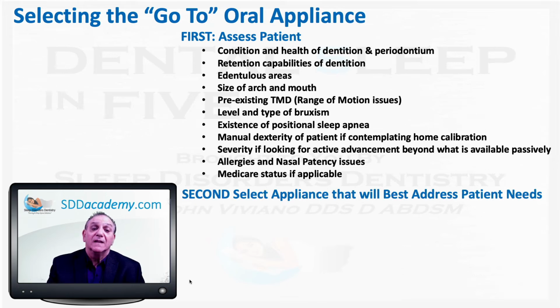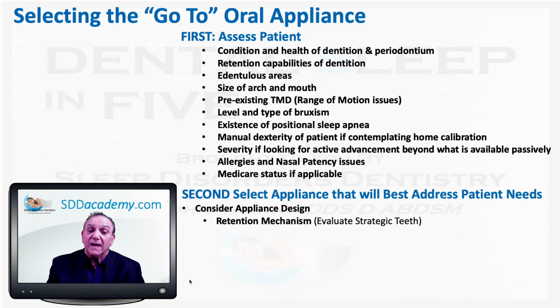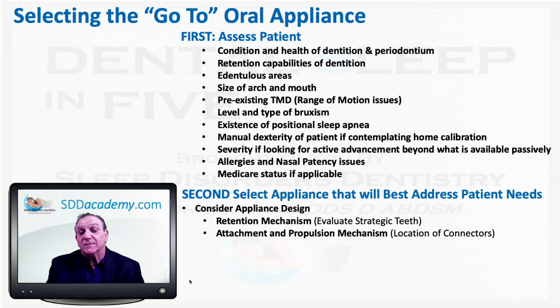Second, select the appliance that will best address the patient's needs. Consider the appliance design, retention mechanism, evaluate strategic teeth, attachment and propulsion mechanism, location of connectors, range of motion, the patient's range of motion versus the appliance range of motion, vertical dimension opening: are you going to max out or are you looking for a minimal?